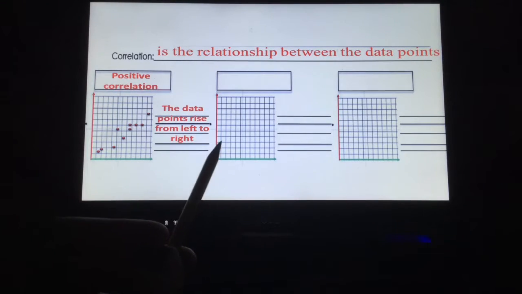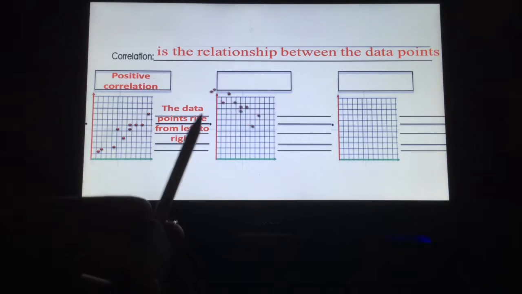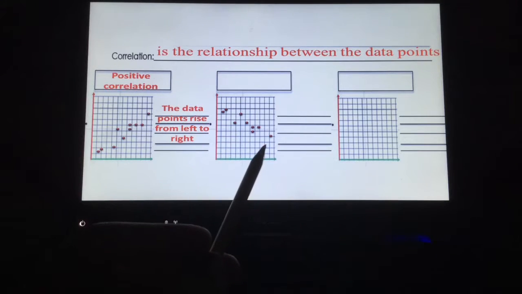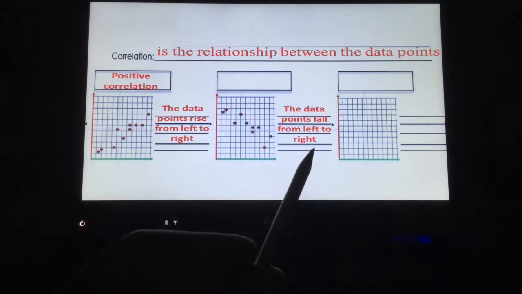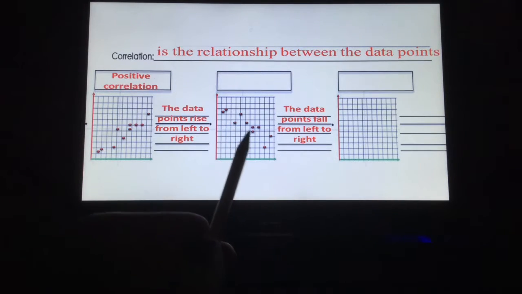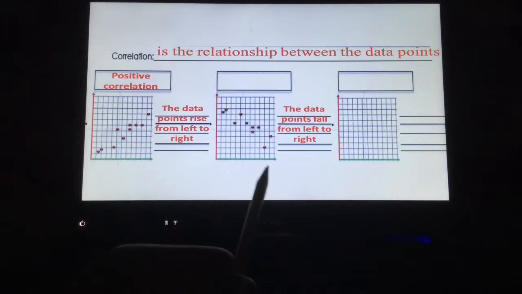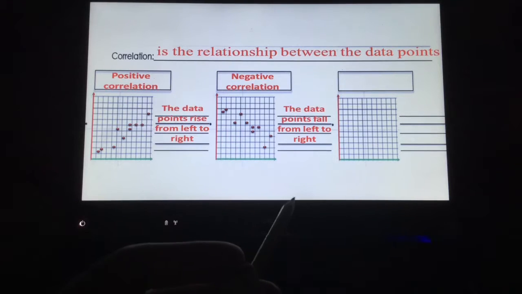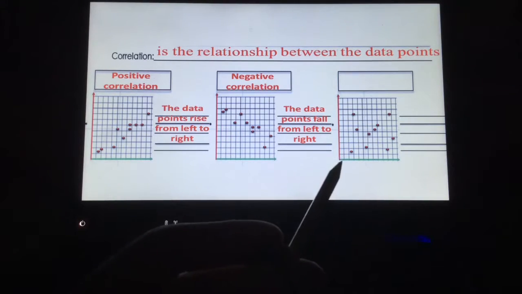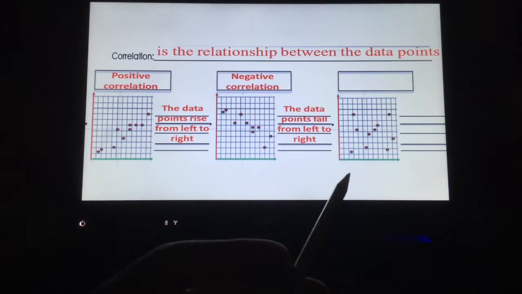Okay, now in the next one, this data has the points going downward. So what I'm going to write over here is that the data points fall from left to right. When they fall from left to right, it looks like it's going down. We're going to write a negative correlation. Now you are going to see some points that are kind of crazy like this, where they're all over the place, and you can't really tell if it's positive or negative.